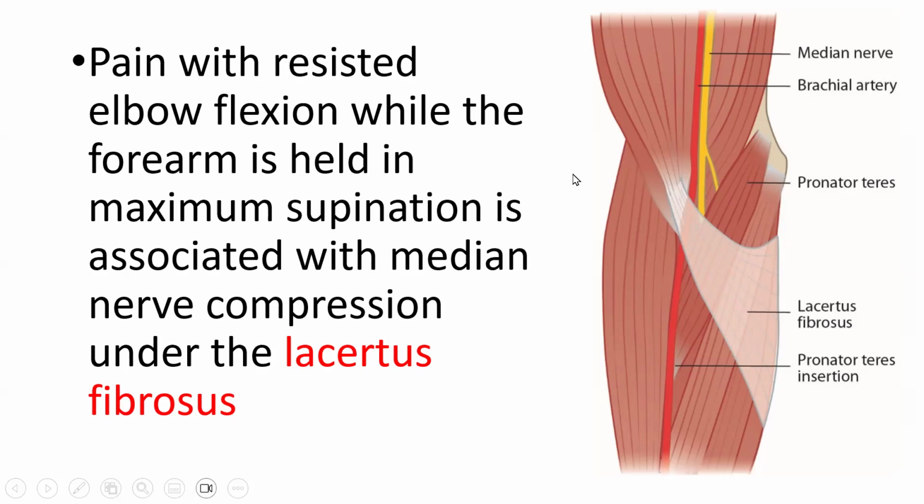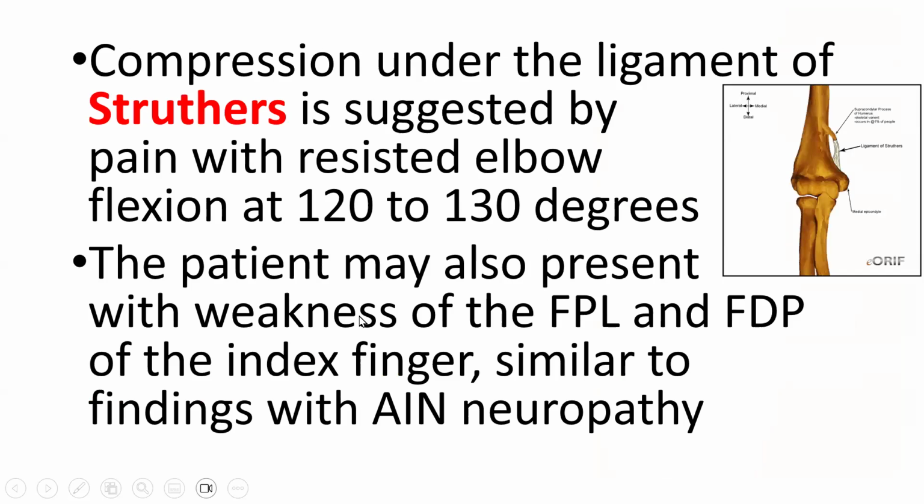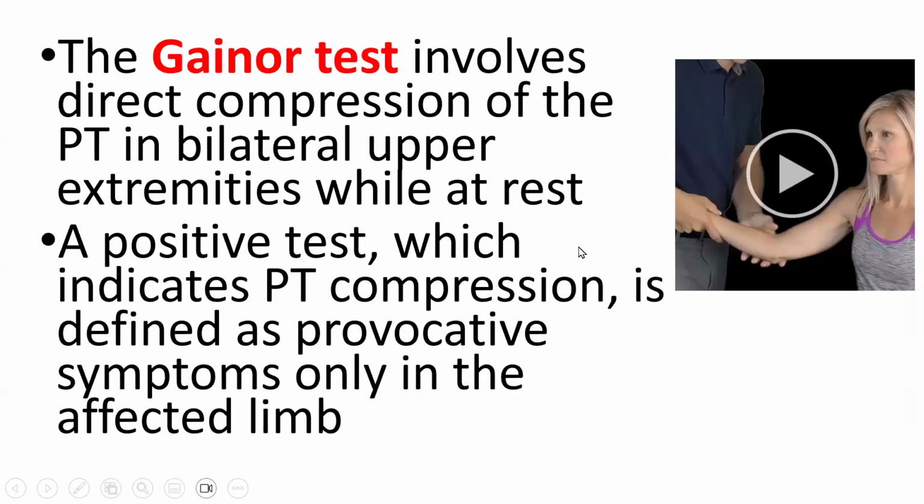So keep these all in your mind. So you have to pay attention. Look at this, it shows you the process. You see the ligament of Struthers. The median nerve will pass underneath this, and it can be under pressure, leading to a neuropathy. So these are important points.